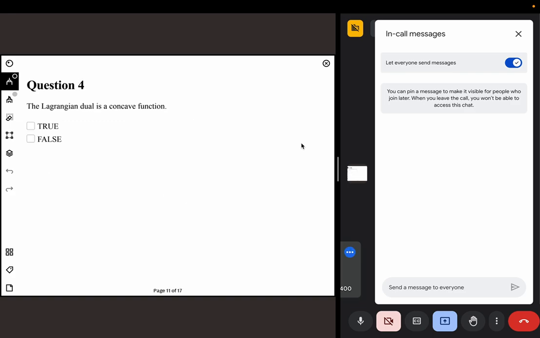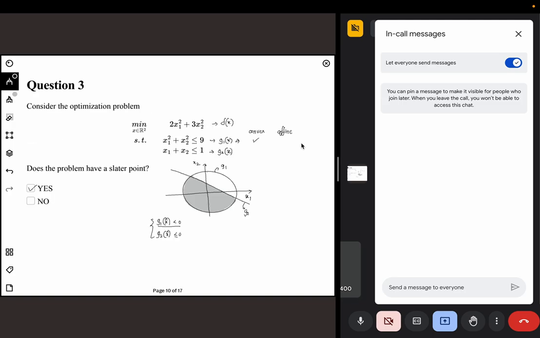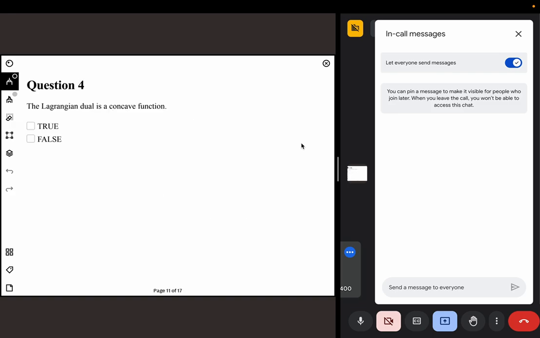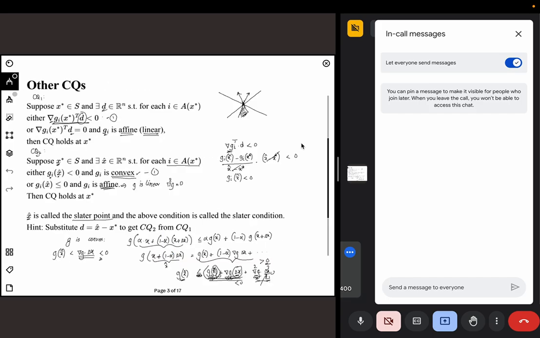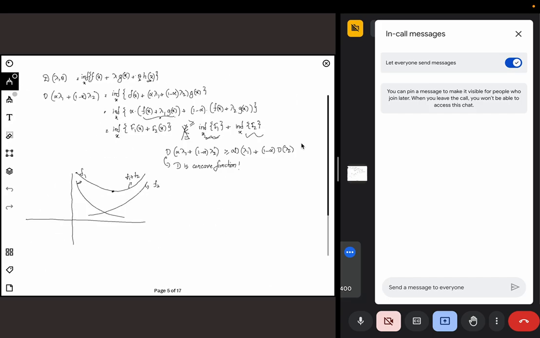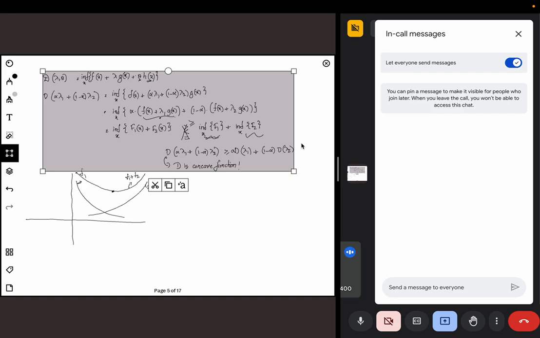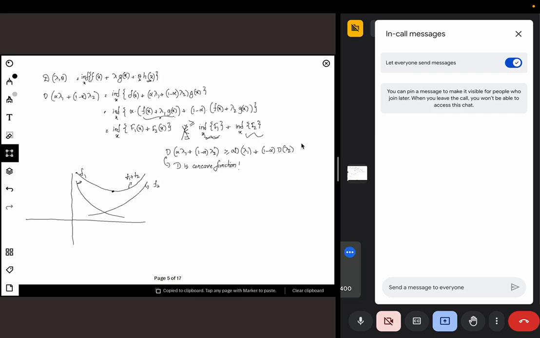The Lagrangian dual. Okay, no problem. This one we have derived just some time back. So the Lagrangian dual is a quantitative function. Maybe I'll just put that here so it will be easy for reference later. So we derived that this is the Lagrangian dual that is a concave function, which we have already derived.